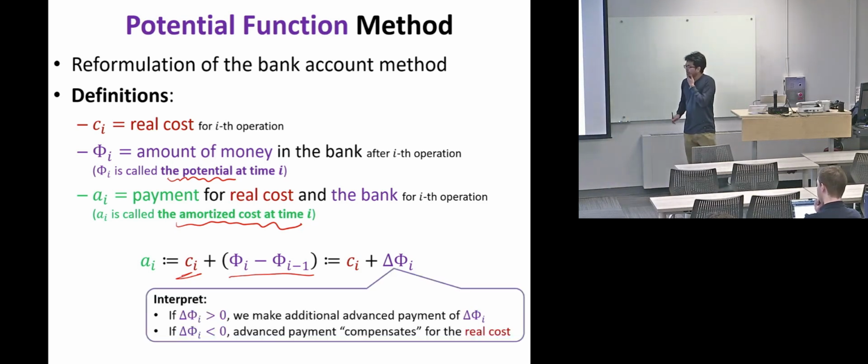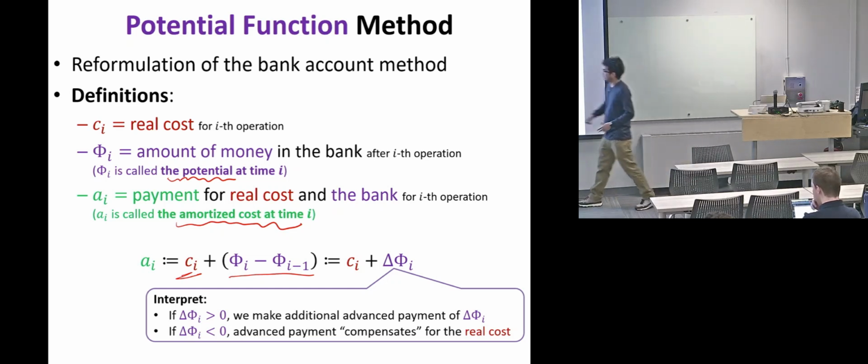And to interpret this: you pay for the real cost, that's intuitive. What is this? If this is positive, it's like last time when we made an advance payment to the bank account. This is when the amount of money in your bank account increases. So this is what you pay. And if this is negative, how do you interpret this?